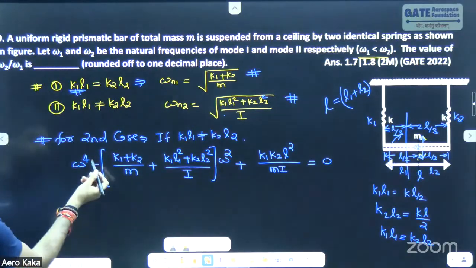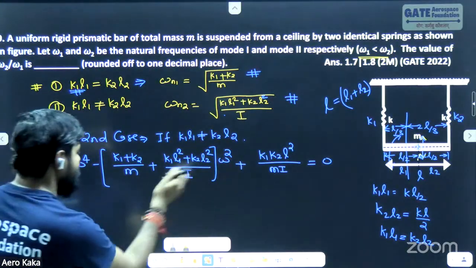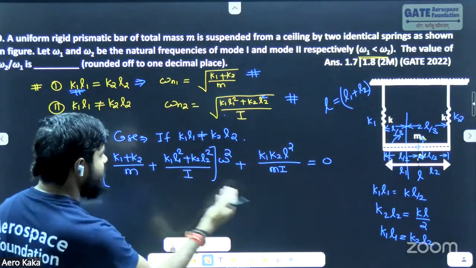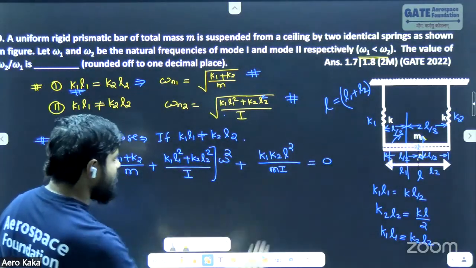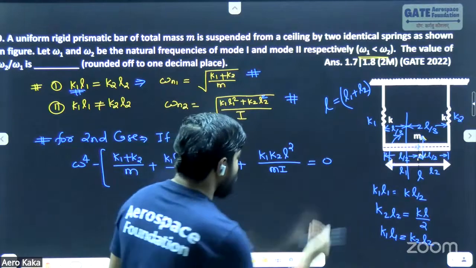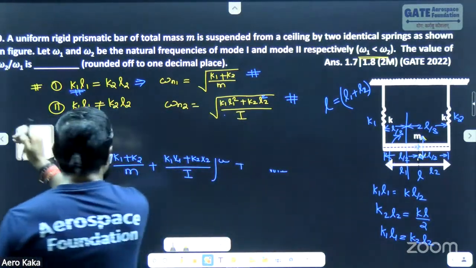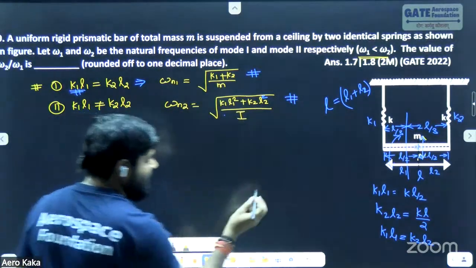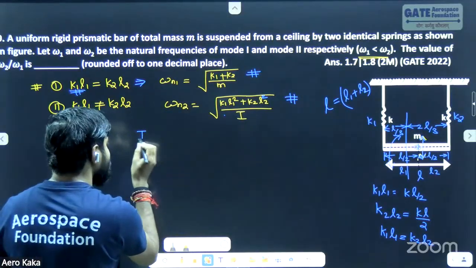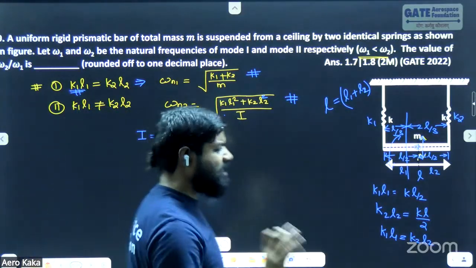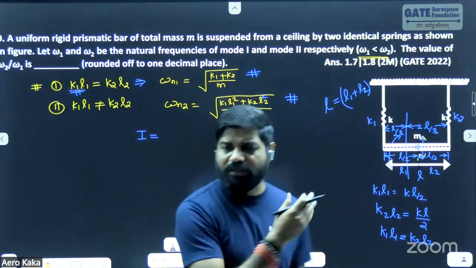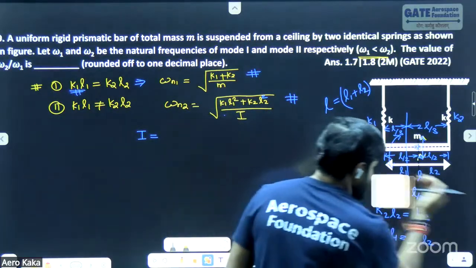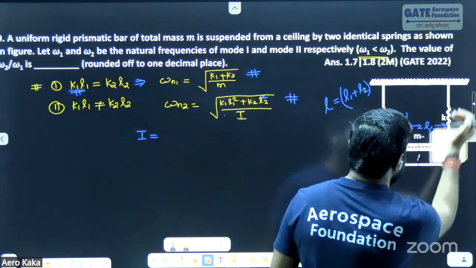So what you have to apply? This one. L1 is L/3, L2 is 2L/3. And the most important thing to remember in this case: what is the value of this I? 99.99% of students make a mistake in substituting the value of I. Anyone?